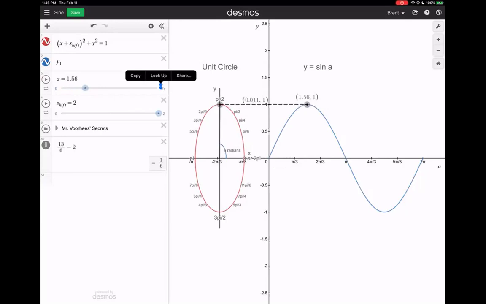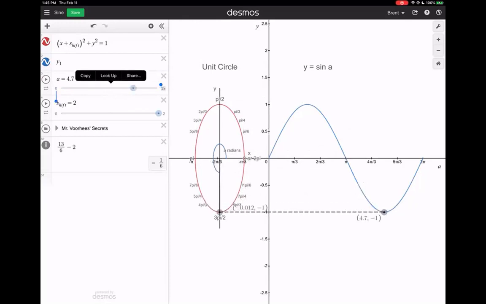It's a height of 1. The maximum on this graph is 1. If I go around to the value of pi, notice I'm cutting through the x-axis again because y is 0 again at the radian pi. If I go to 3 pi over 2, 3 pi over 2 produces the minimum.